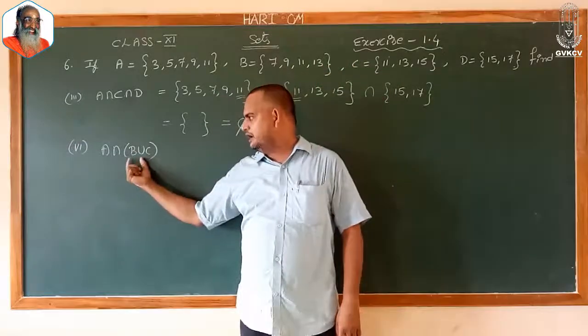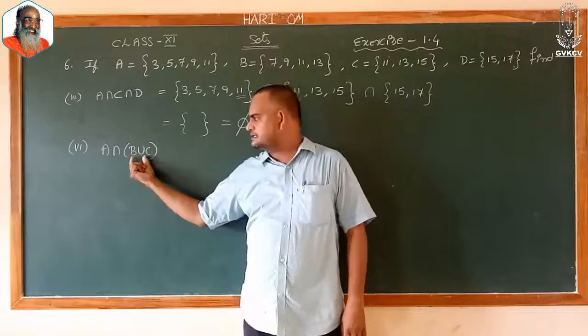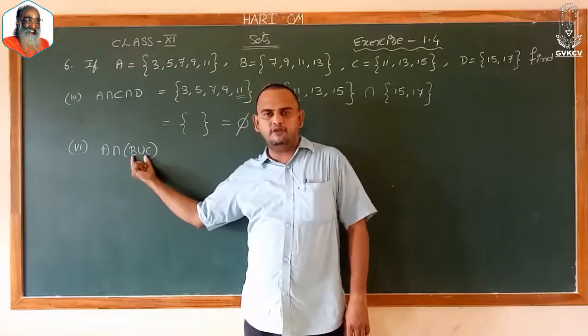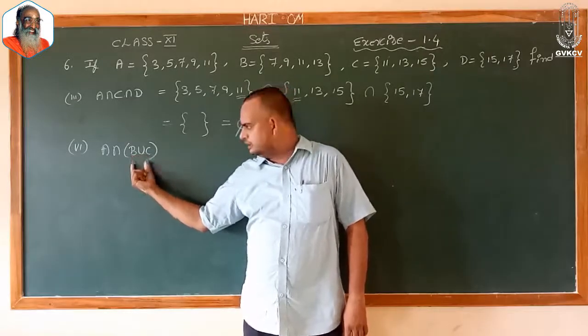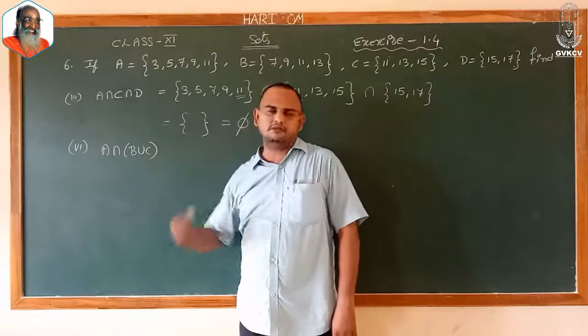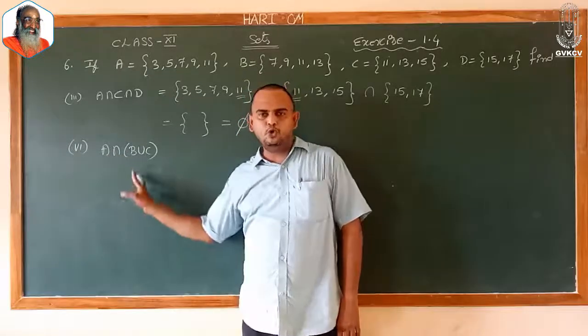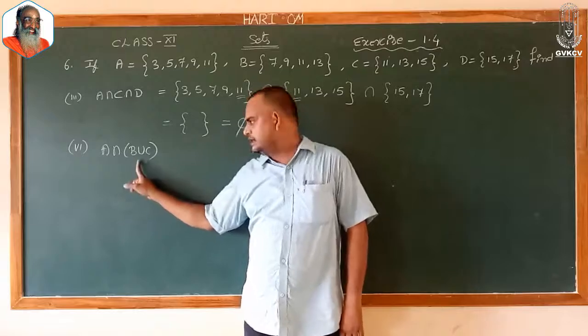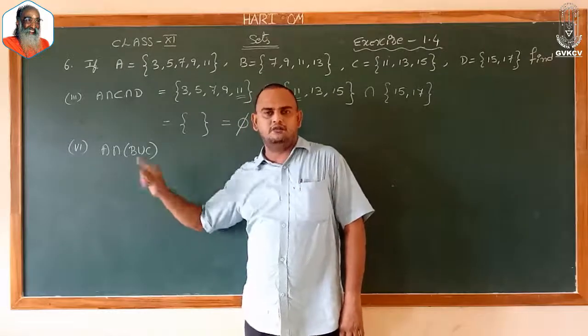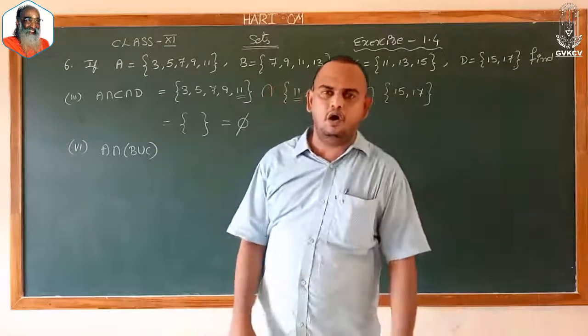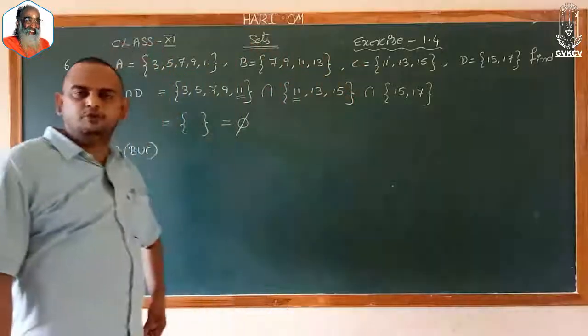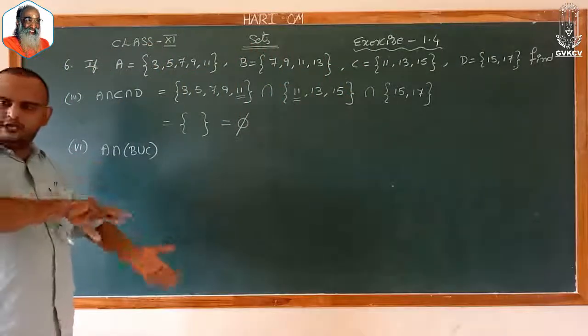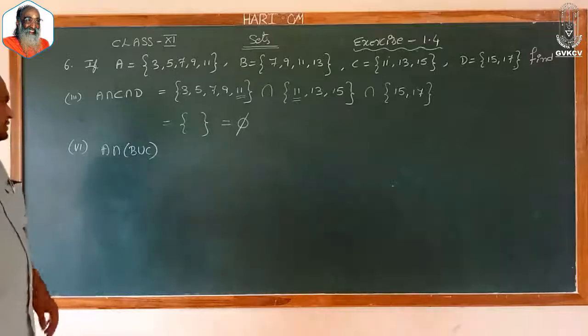Within the brackets we have B union C, so first we should find the union of sets B and C, then we can go for the intersection operation with A. I have 2 operations in this problem: one is union and the other is intersection. Let us perform the union first.